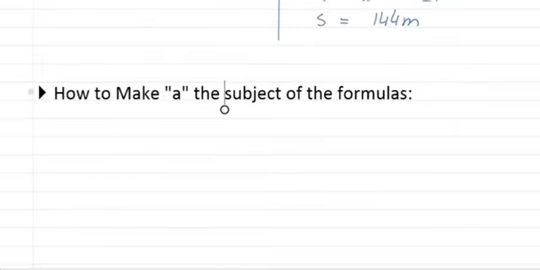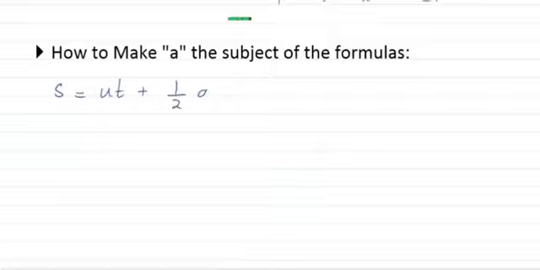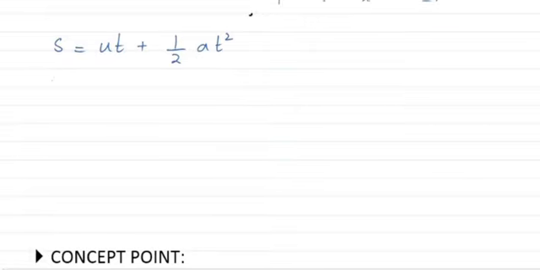Now we will learn how to make a the subject of the formula, meaning acceleration the subject of the formula. We start with s equals ut plus half at square. Subtract ut from both sides. So s minus ut equals half at square.